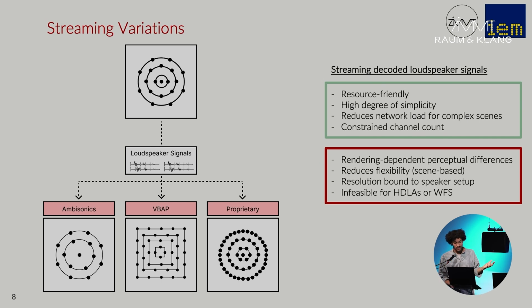Furthermore, these approaches become increasingly impractical if the streaming venue operates a high-density loudspeaker array or wave field synthesis, where the sheer number of channels or the physical underlying concept make the transmission and reinterpretation of these signals complex or even infeasible.